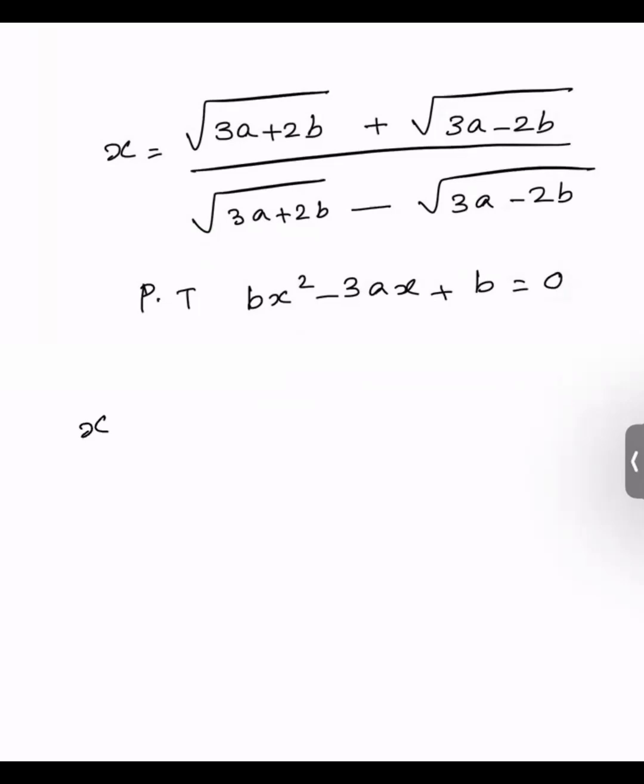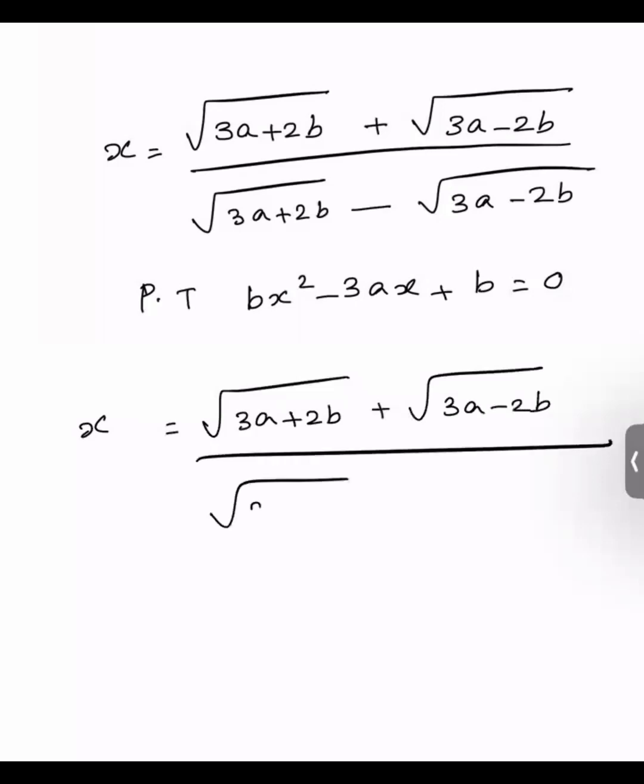So take it, x is equal to root of 3a plus 2b plus root of 3a minus 2b divided by root of 3a plus 2b minus root of 3a minus 2b. So this is the value of x.